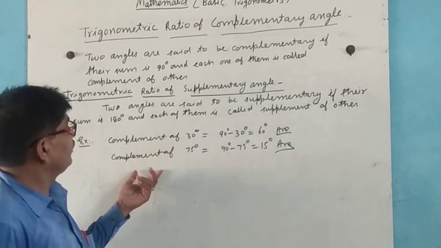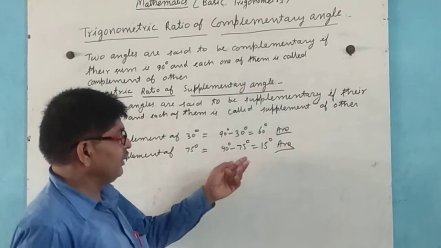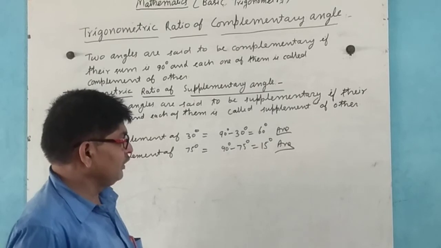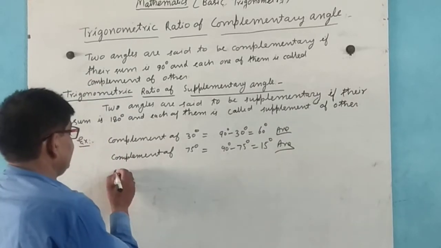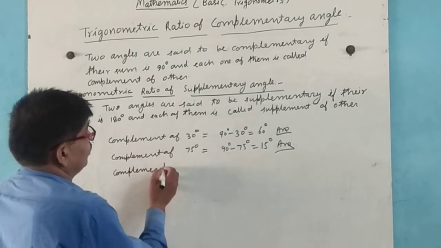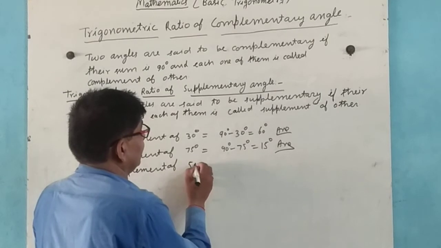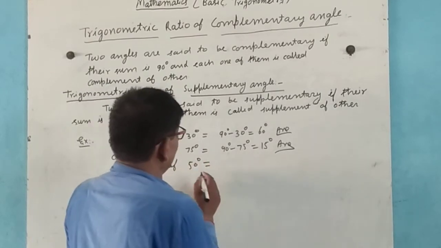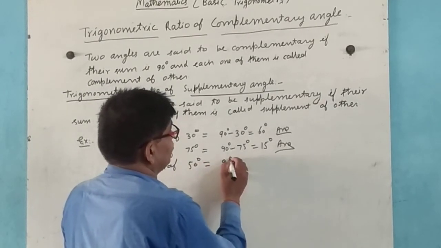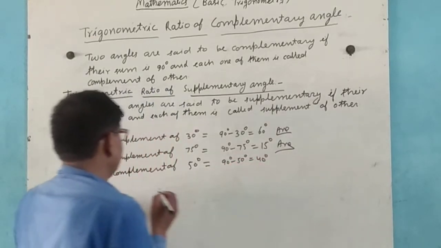Complement of 75 degrees equal to 90 degrees minus 75 degrees, that is 15 degrees. Complement of 50 degrees is 90 degrees minus 50 degrees, that is 40 degrees.